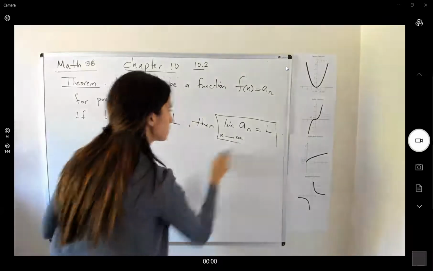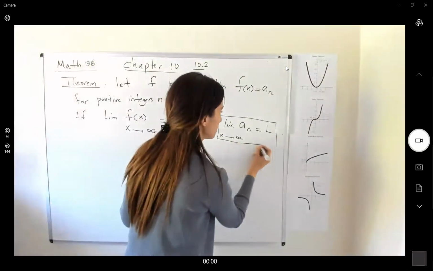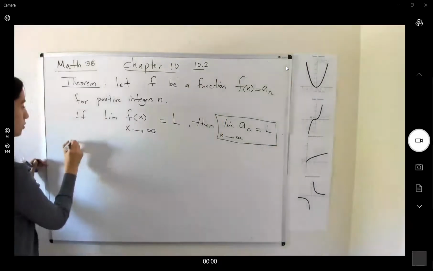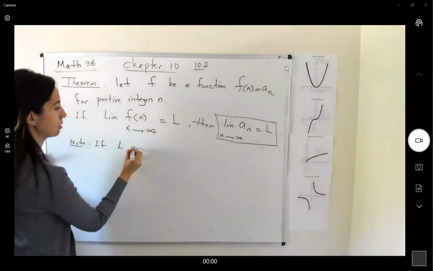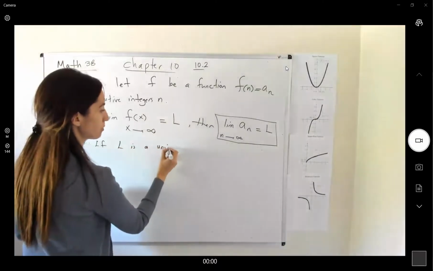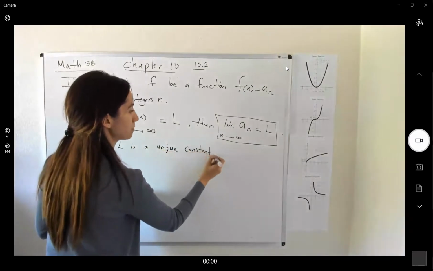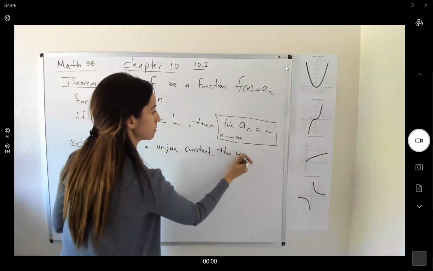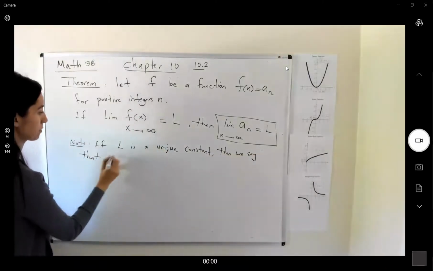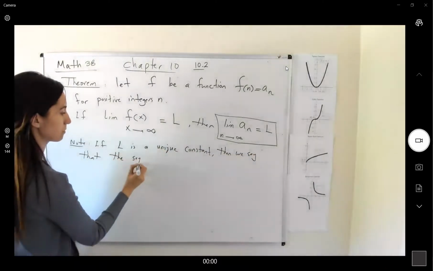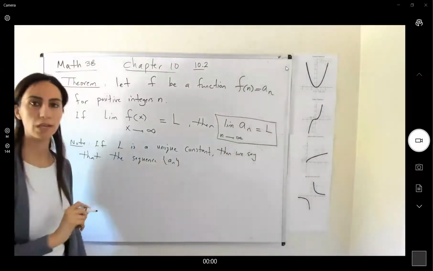Note that if L is a unique constant, then we say that the sequence a sub n is convergent.